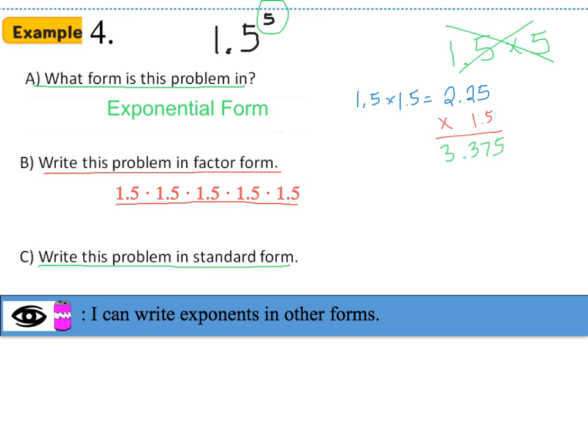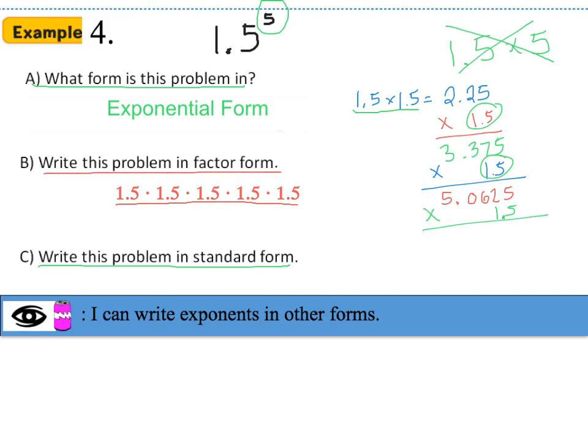So notice we only multiplied 1 5/10 3 times. We have to multiply it again. And when I multiply that out, I get 5.0625. So we've only multiplied 1 5/10 4 times. I need to multiply it one more time. So multiply that by 1 5/10.